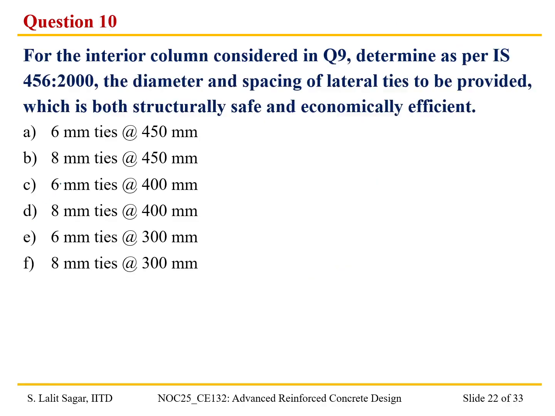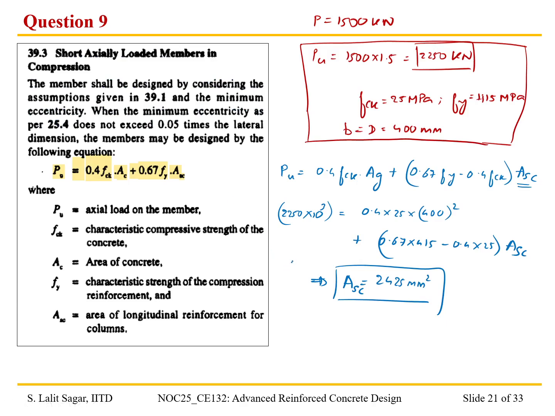Now let us proceed to design the lateral ties for this particular column. Before proceeding to the next part, let us determine the diameter and the number of longitudinal reinforcements. 2425 divided by pi by 4 of 20 square gives a value of 7 point something.